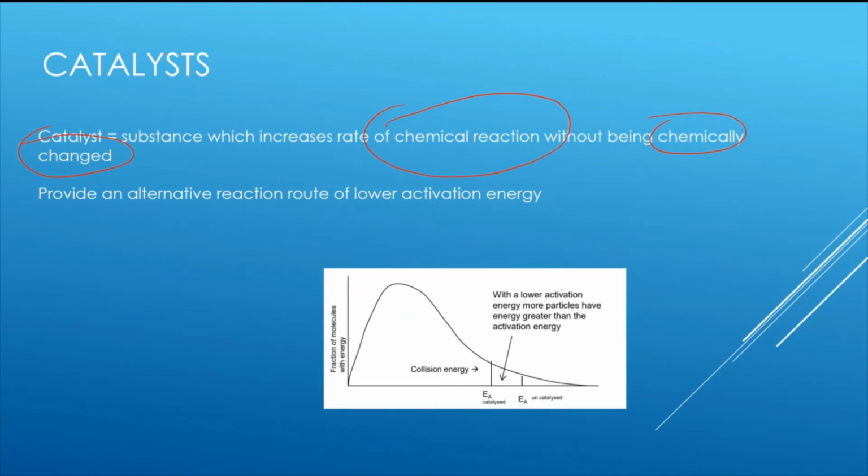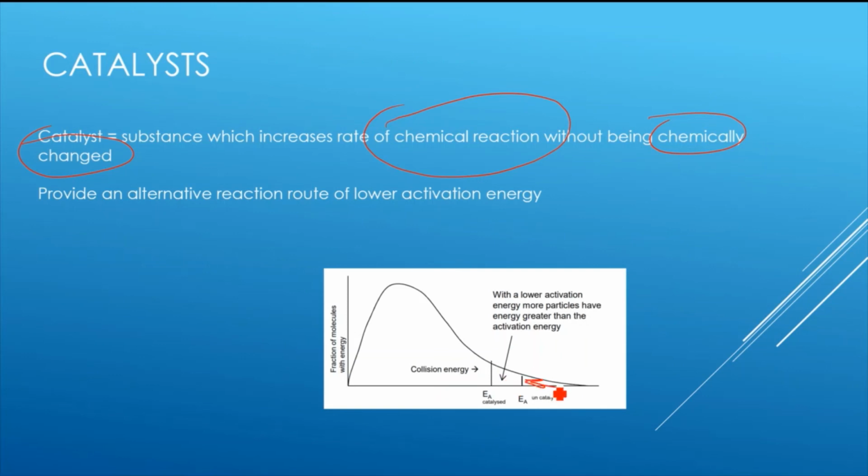So for example, in this picture, if a catalyst is being used, the curve isn't moving anywhere, but the activation energy, before it was there, but after the catalyst it has moved there, so more particles now, because remember the area under the curve is equal to the number of particles.